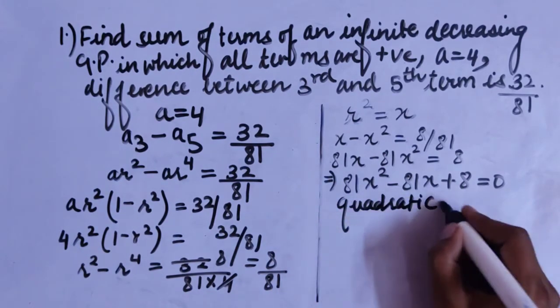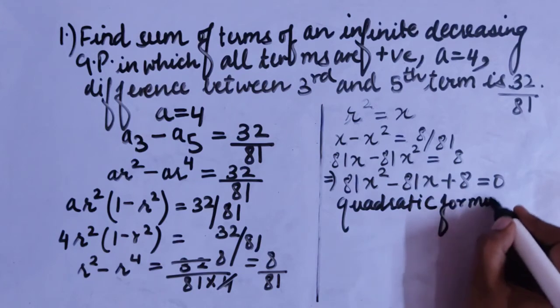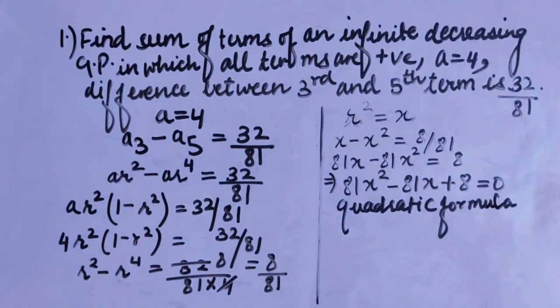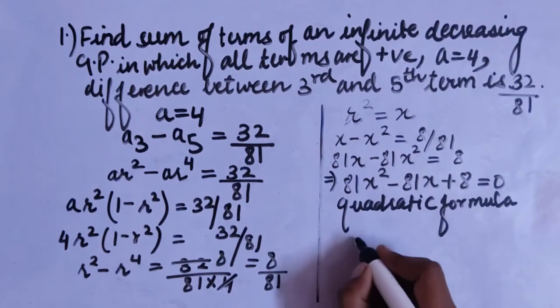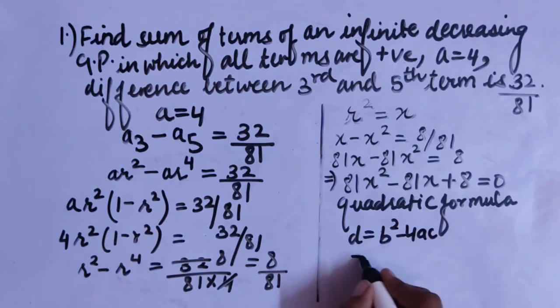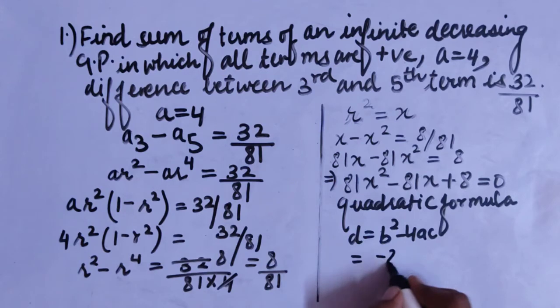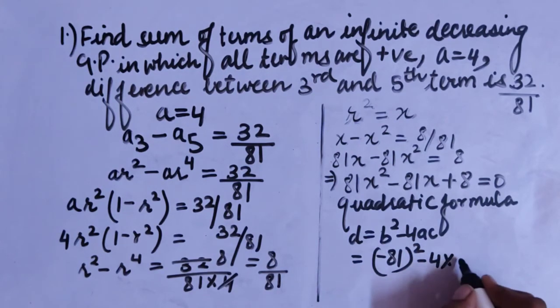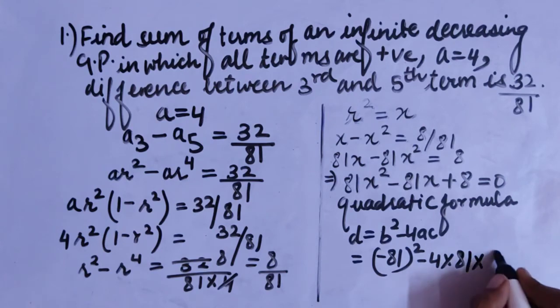So students, as you have done in class 10th, to use the quadratic formula, we have to find D first. It means the discriminant. So D will be equal to b square minus 4ac. So what we will get? b is minus 81, so minus 81 square minus 4 into a, which is 81, and c is 8.